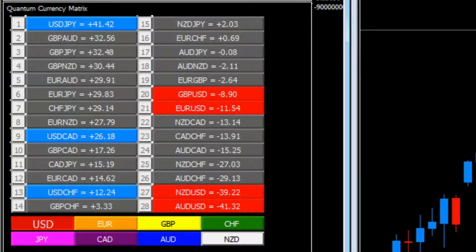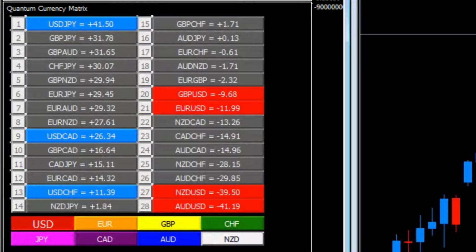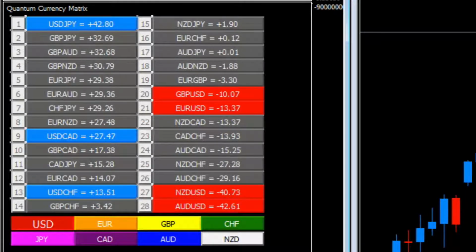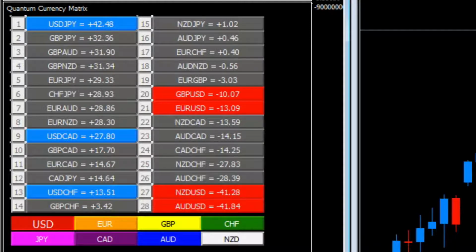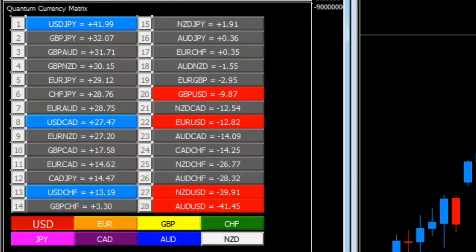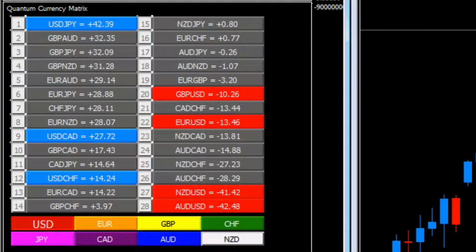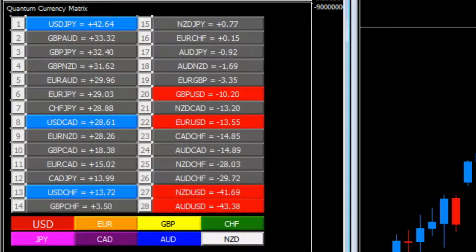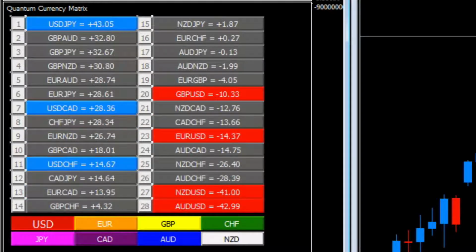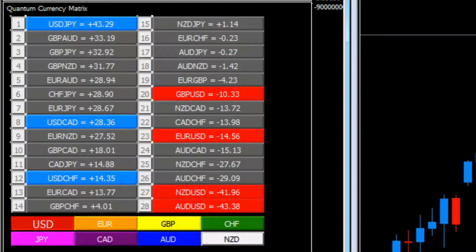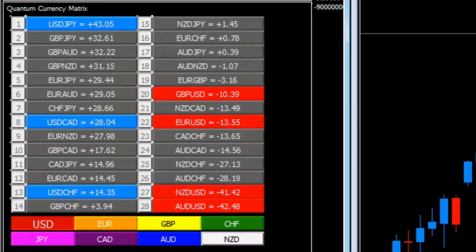The currency matrix is a freestanding tool in its own right, but it's always used, like the currency strength indicator, in looking at the chart. And what the euro dollar is telling you here, loud and clear on the 5-minute time frame, is that we're currently in a congestion phase.